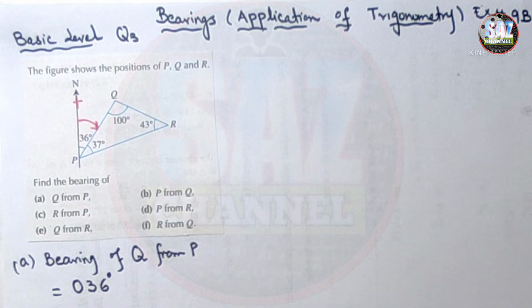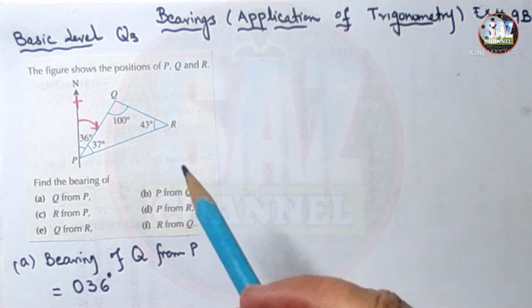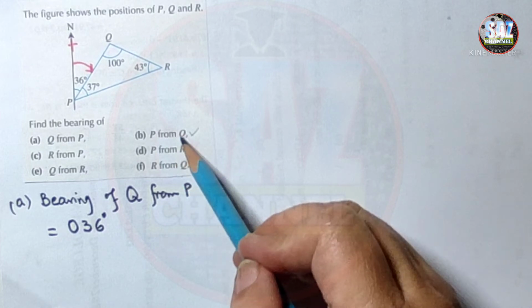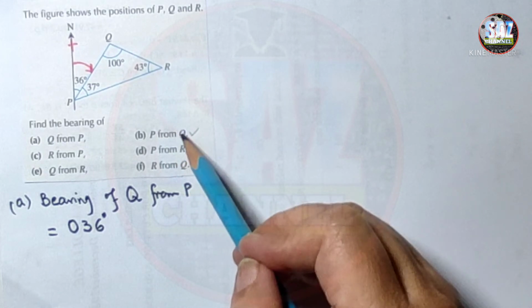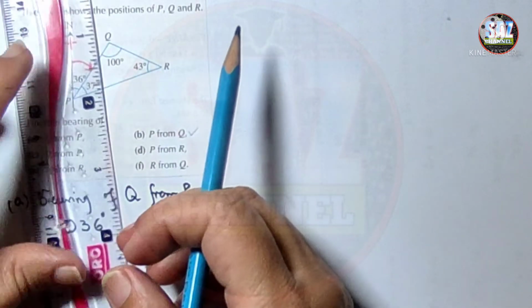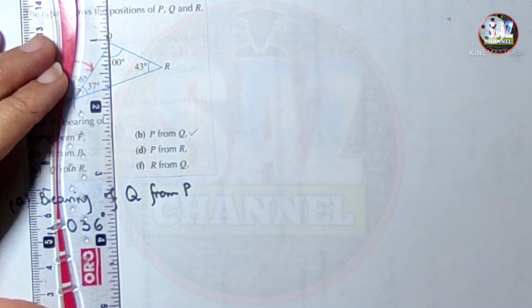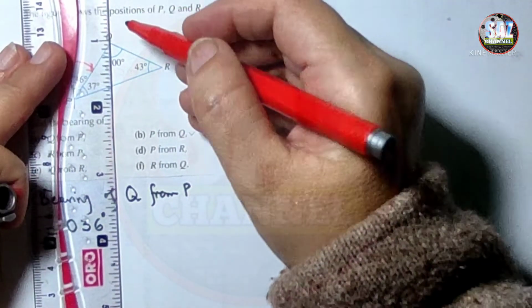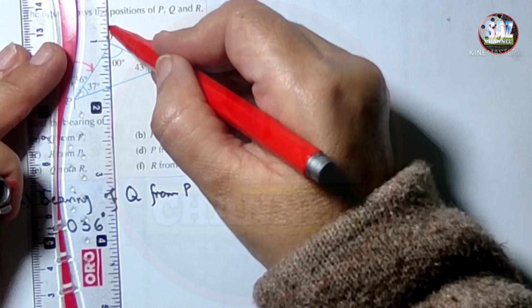Moving to the second part, that is the bearing of P from Q. Now the starting point is changed. From which point do we have to start the movement? From Q. So first let me draw the compass at Q. I'm going very slowly so that my students can understand the concept easily.